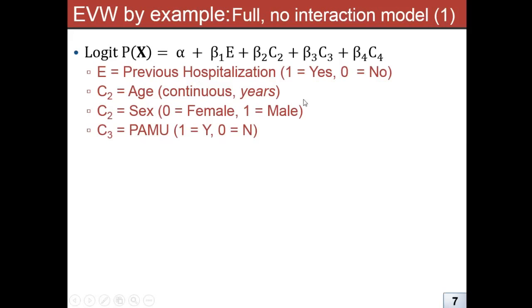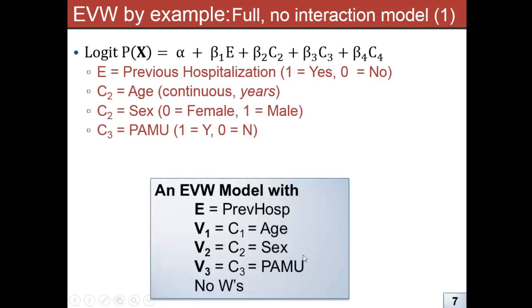So here I rewrote an earlier model, but with E's and C's. And we're going to say that this is an EVW model that has this kind of situation. It's got an exposure, previous hospitalization, and 3 control variables, age, sex, and PAMU, that are being used as confounder control variables. And so I'm going to also call them V1, V2, and V3. You're going to say, well, why did you have V's and C's being the same thing? That's really annoying.